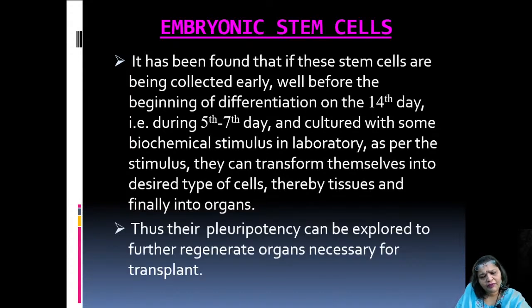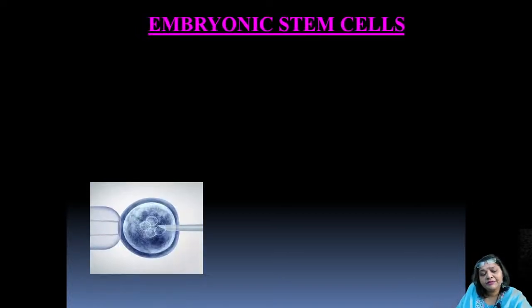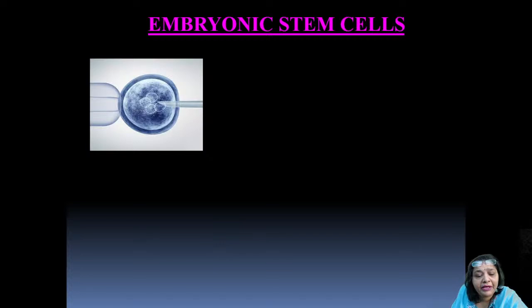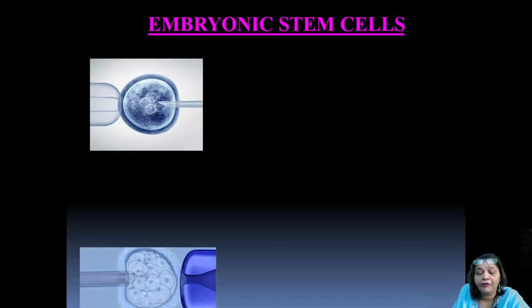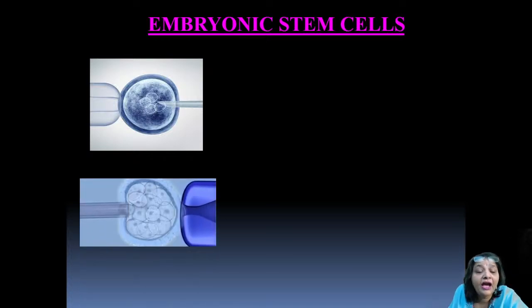Thus their pluripotency can be explored to regenerate the organs necessary for transplant. The embryonic stem cells can be collected between the 5th and the 7th day of early development, of embryogenesis.